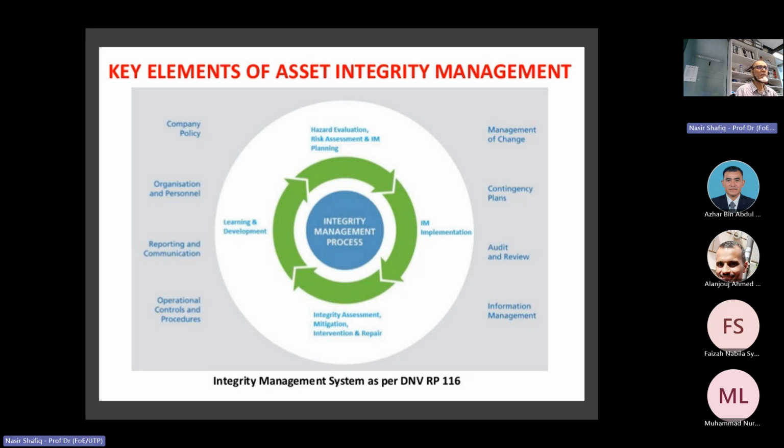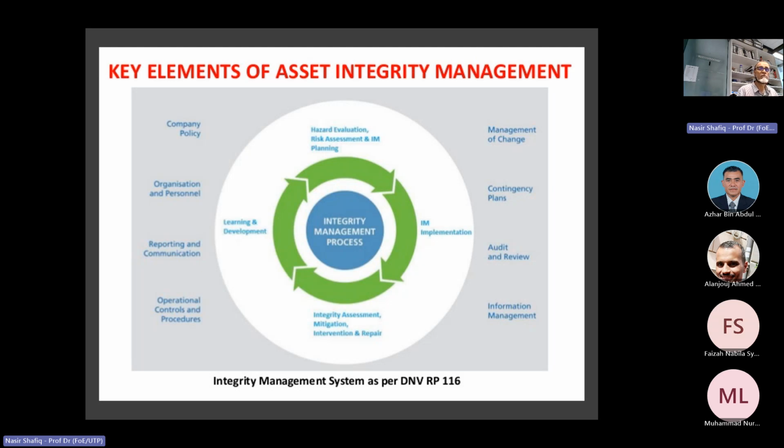So the enablers or drivers, which are outside the cycle, include company policy, how much companies are allocating to this maintenance and management, organization and personnel as a whole, reporting and communication at all levels of your asset integrity exercise, operational control and procedures, which are SOPs, and management of change.